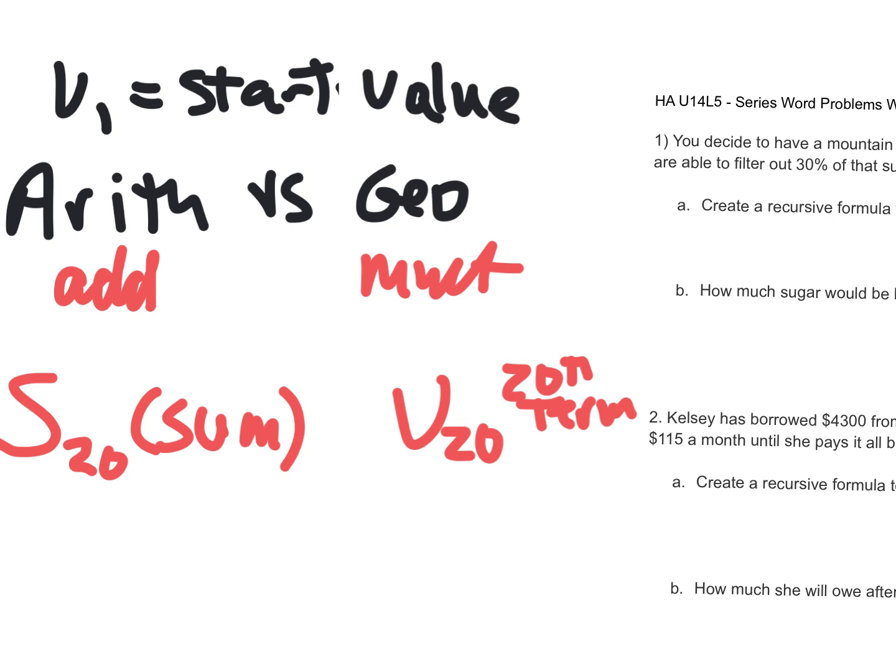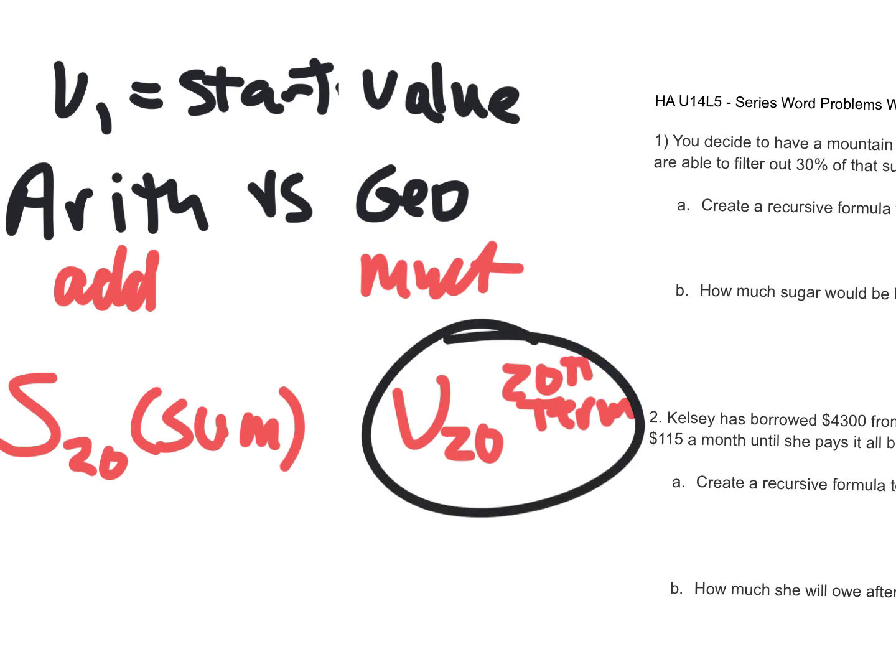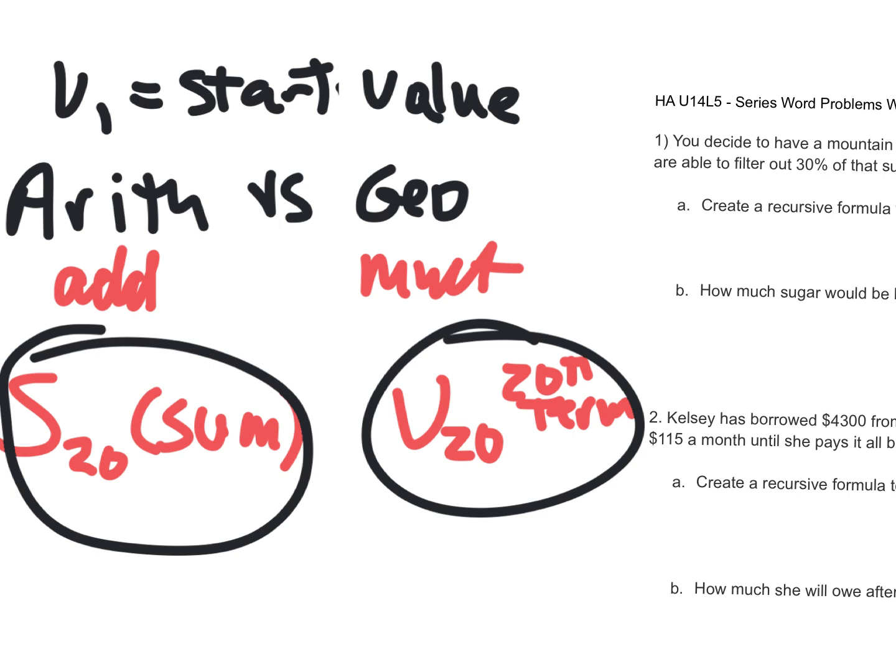Like, Bob has been mowing lawns. He mowed 1 lawn the first day, 2 lawns the second day, 4 lawns the third day, 8 lawns the 4th day. How many will he mow on the 10th day? That's one of these kind of questions. If it's how many lawns did he mow total, that's that one. Okay, so if you want an S sub something, you're doing a sum. That's adding them all up.